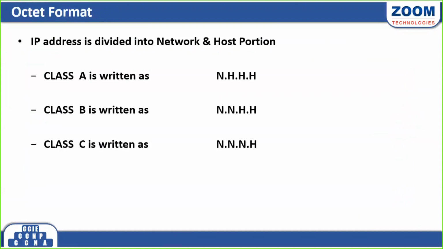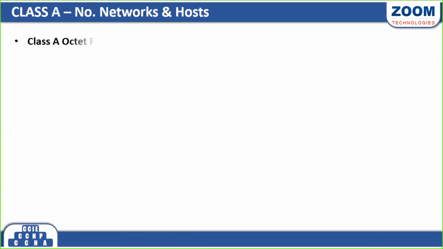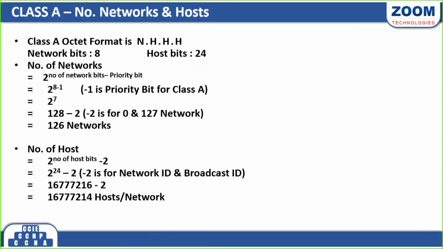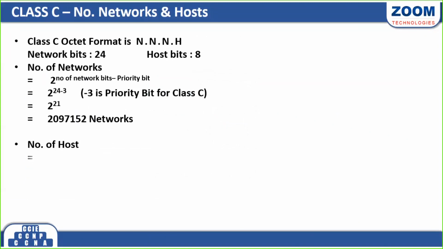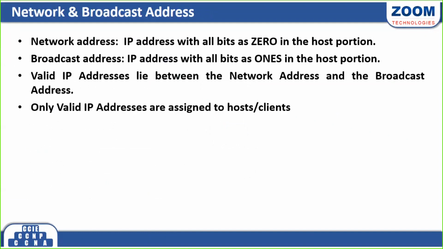Class A, first octet network, then host portion. Sir, we have to remember these three classes, A, B and C? What you have to remember is that first comes network, then host.